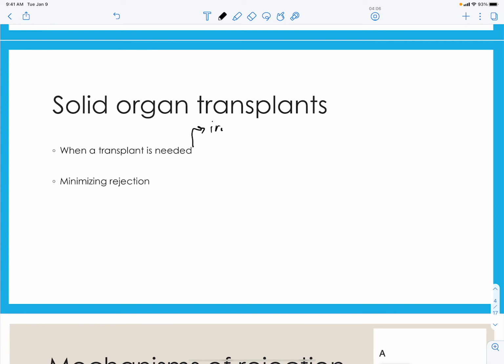So irreversible, and no alternatives. And in addition, when you do the transplant, this is treatments. And post-transplant, you want to make sure that the disease does not come back.